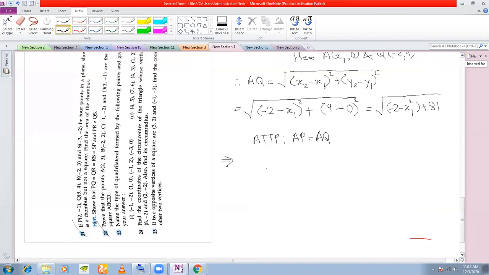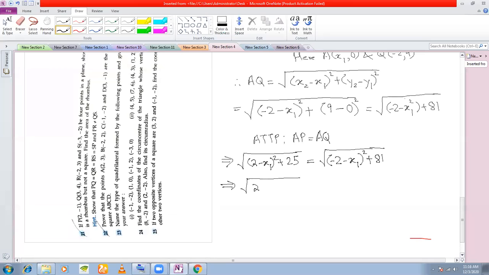Root over of 2 minus x1 whole square plus 25. This is what we had calculated AP to be. And AQ just above we have calculated to be root over of minus 2 minus x1 whole square plus 81. Okay, now we need to solve this equation. So first of all, we need to remove the radical. So we square both sides.